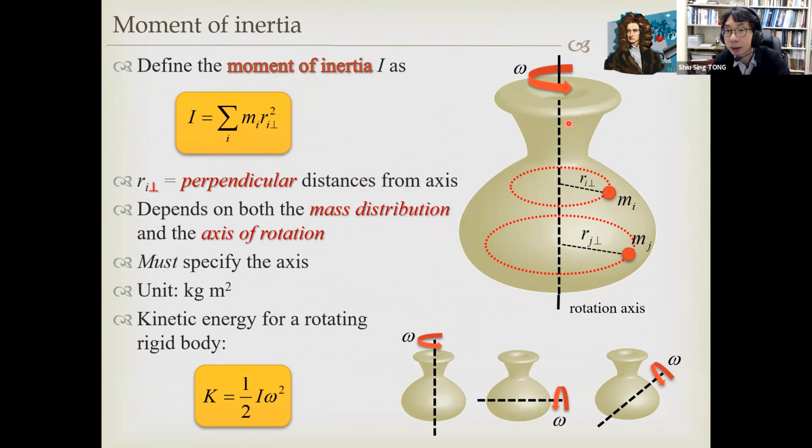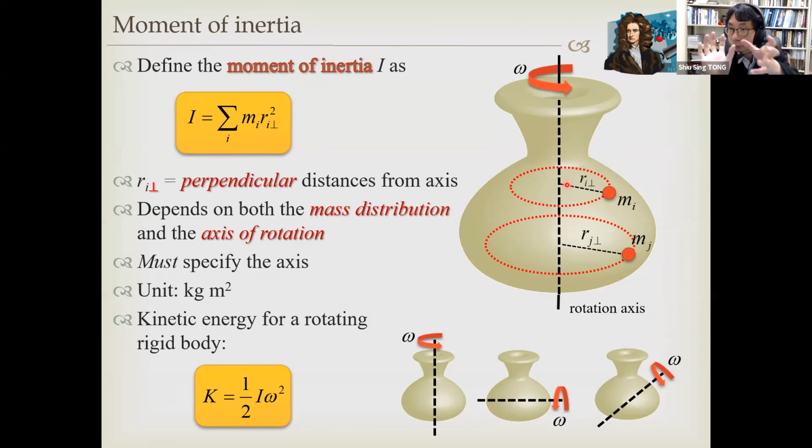So you imagine this is a complicated object, maybe it looks like a vase. And you have a particle m_i here and a particle m_j here. Each of these particles may have a different distance from the axis of rotation. The particle m_i will have a distance of r_i perp from the axis, while the particle m_j will have another distance of r_j perp from the axis of rotation, right?